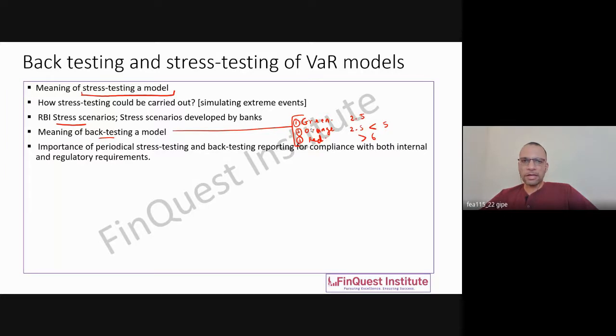Now, again, backtesting and stress testing are important, not just from your regulatory point of view, but from your management's point of view as well. Because whatever stress testing numbers or stressed VAR you calculate, that gets reported as part of your internal MIS daily. So your top management knows what exactly is happening on the portfolio, and that's precisely the idea.